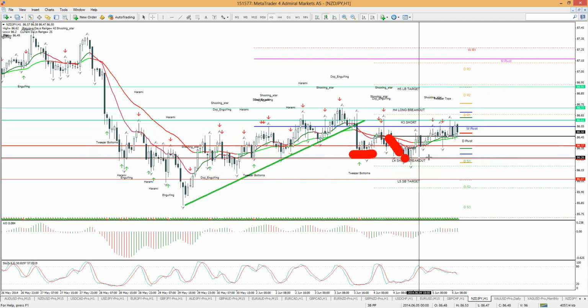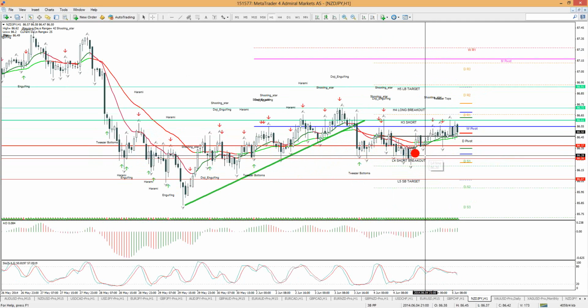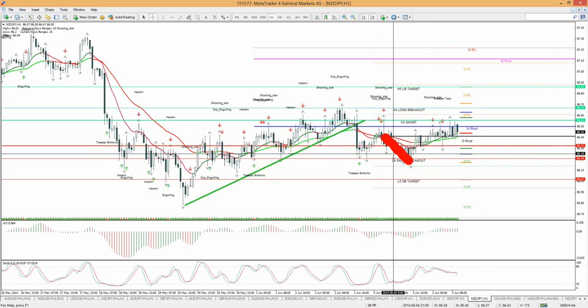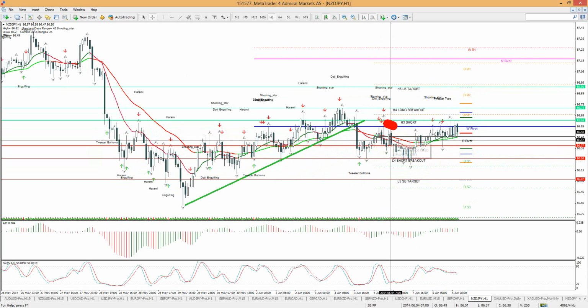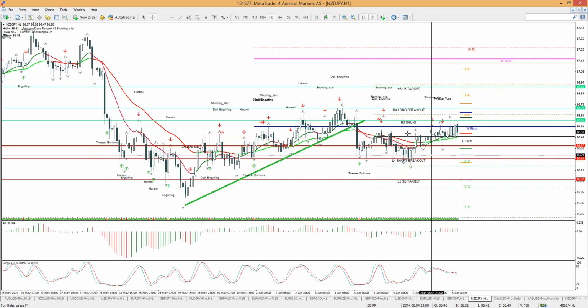There's no need to hang in there anymore, right? You can take the risk off the table because price is moving your way. It should continue or else something else is going on, and why keep the risk on the table, right? There was a reason to take the trade here, but if it retraces after it dips down, that reason is not valid anymore. So why keep the risk, right?